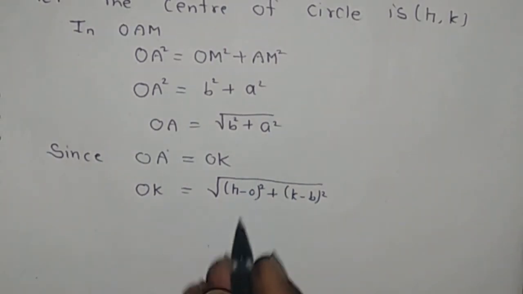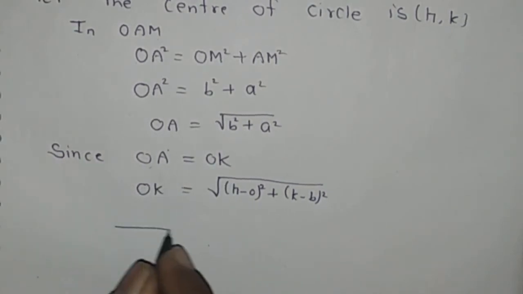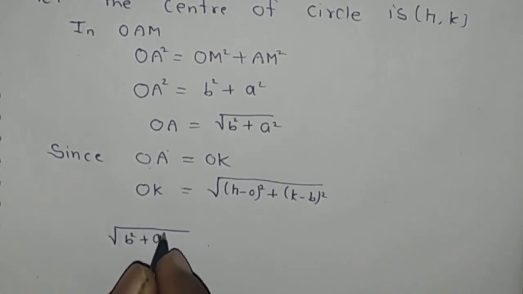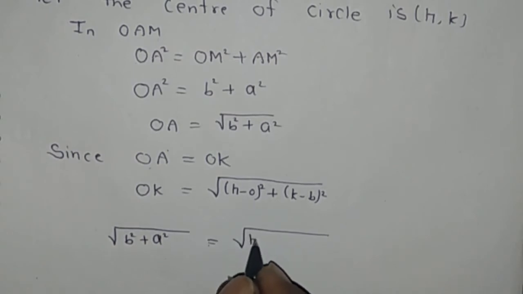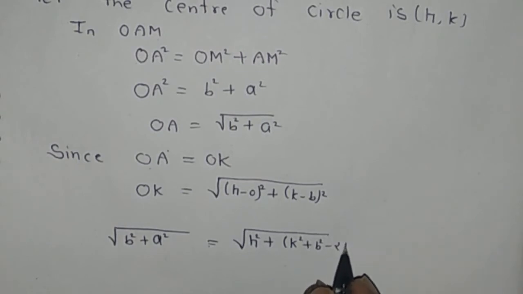Now OA equal both side, OA is equal to O dash K, then we have b square plus a square equal h square plus k square plus b square minus 2bk.